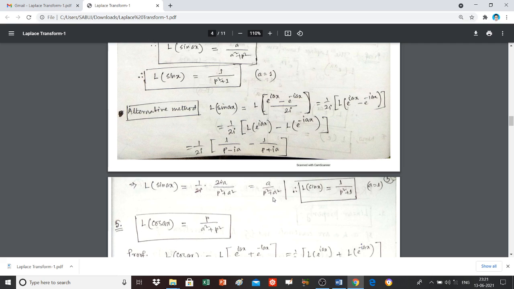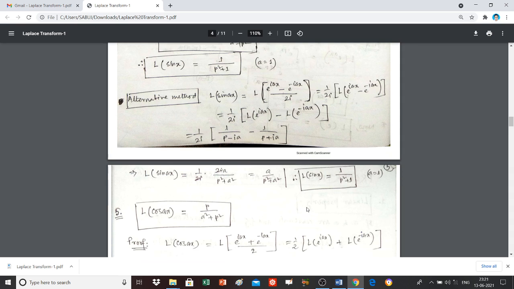So the Laplace transform of sin ax is a by p square plus a square, and if you write a as 1, then the Laplace transform of sin x is equal to 1 by p square plus 1.